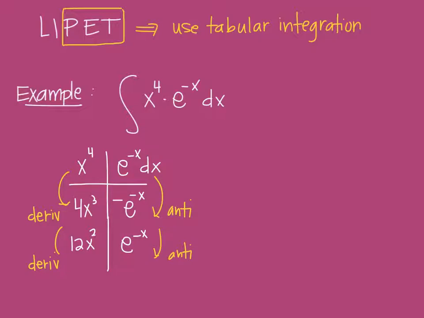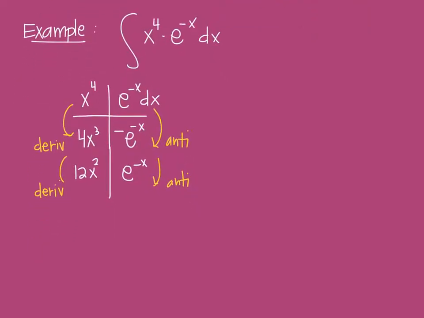And then we do it again. And so rather than repeating the entire process over and over again, this is why it's called tabular, because you're creating a table. And so in fact, I'm just going to create the whole left column of my table by taking as many derivatives as I can until I run out. So eventually I'll run out. And so the next derivative would be 24x. And the next derivative would be 24 as a constant. And the next derivative would be 0, and that's when I've run out of derivatives.